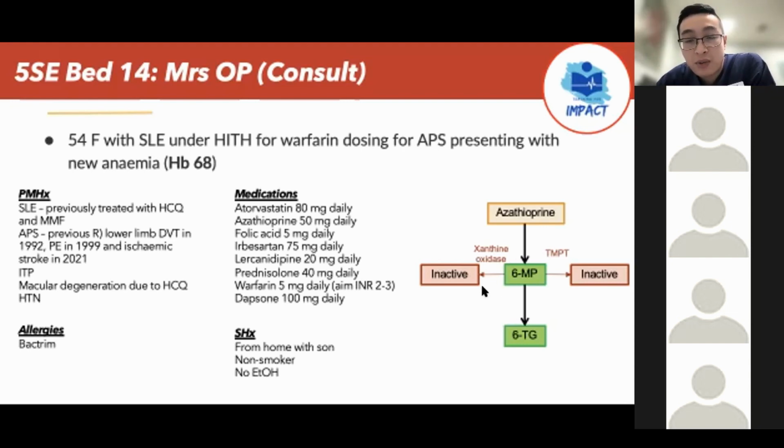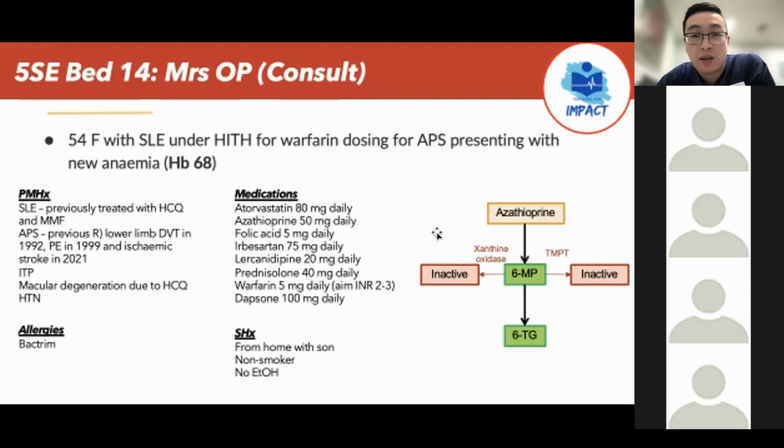The other thing that I wanted to relay is that there are some xanthine oxidase inhibitors that we use to treat gout, and for tumor lysis syndrome prophylaxis as well. So allopurinol, things like febuxostat, they're all xanthine oxidase inhibitors. And so xanthine oxidase inhibitors like allopurinol have the same effect as TPMT mutations.